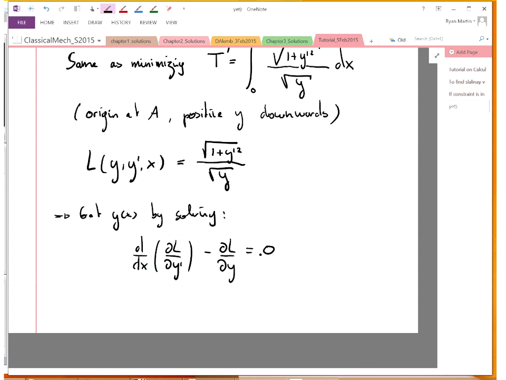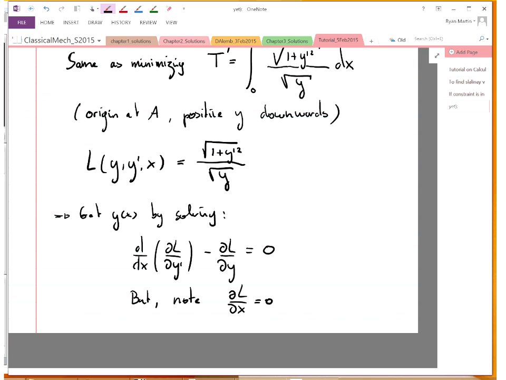But it turns out we can use a simpler solution, and that's by noting that partial L by partial x equals 0. If you look at our function L, it doesn't depend on x explicitly. It depends implicitly on x because y depends on x, but not explicitly.